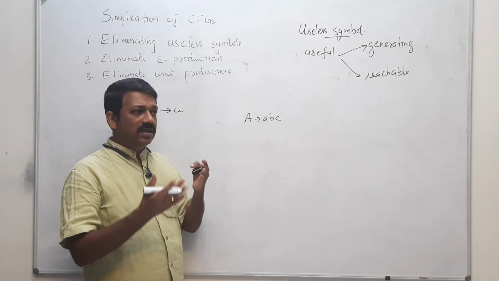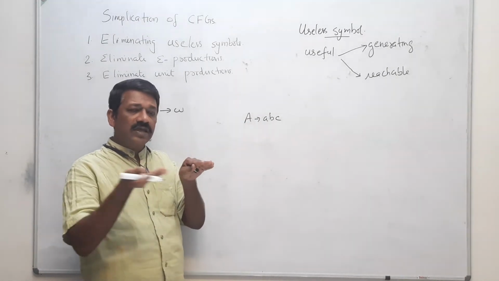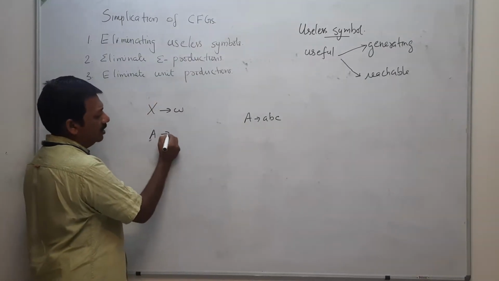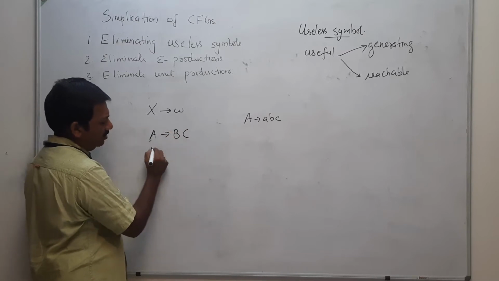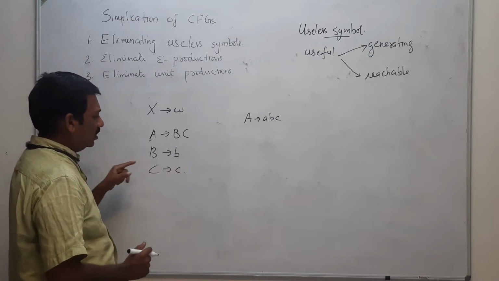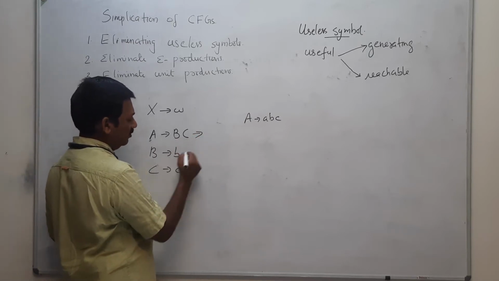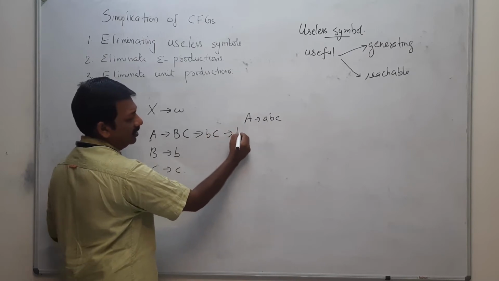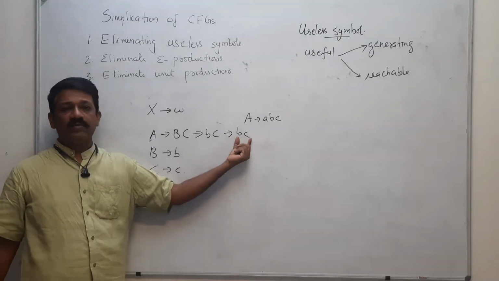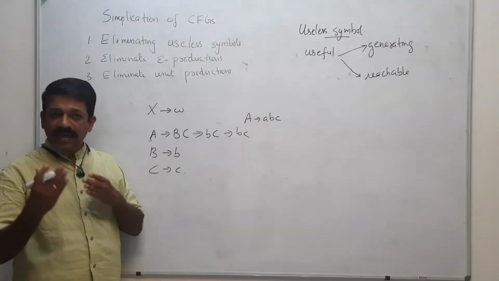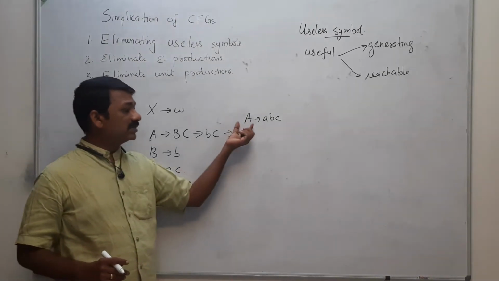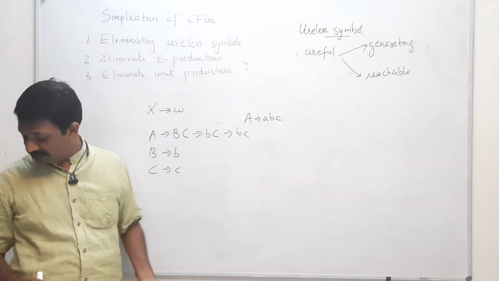Suppose that you have A derives BC, B derives b and C derives c. So here this BC can be replaced by bc. That means from A you have generated a terminal string. If a terminal string can be derived from a variable, that variable is a generating one.